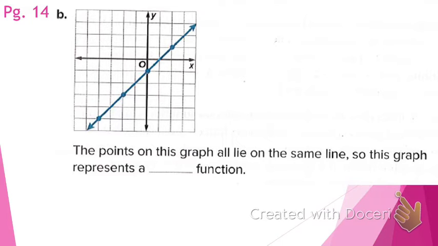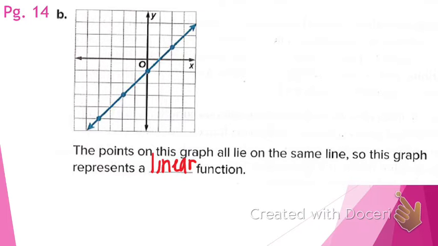All of these points are on one line, and it's a straight line, so this is a linear function. All right, so who's with me? Who can look at an equation or a graph and tell me if it's linear? Pretty basic, right?